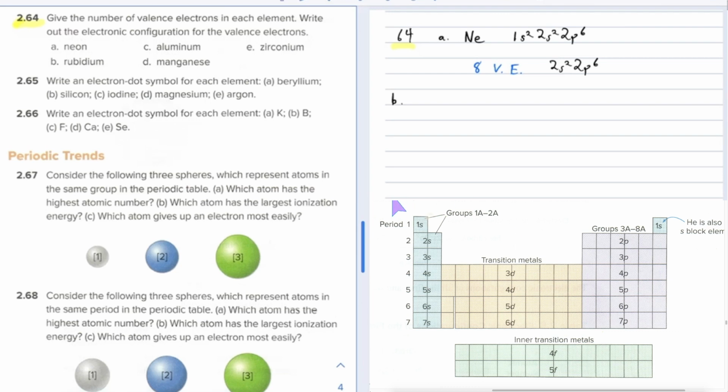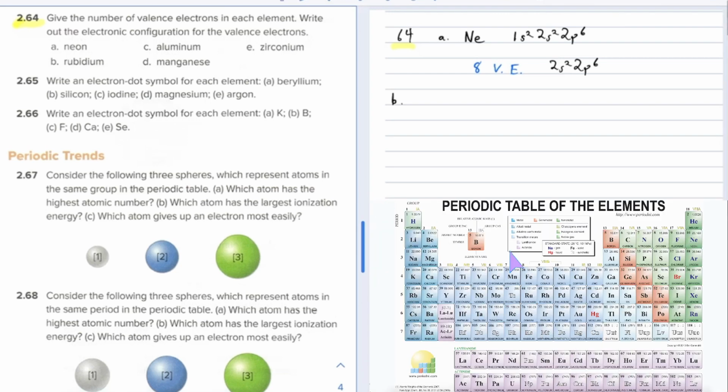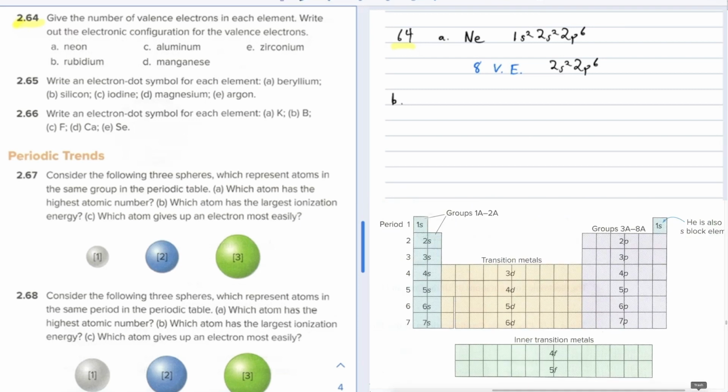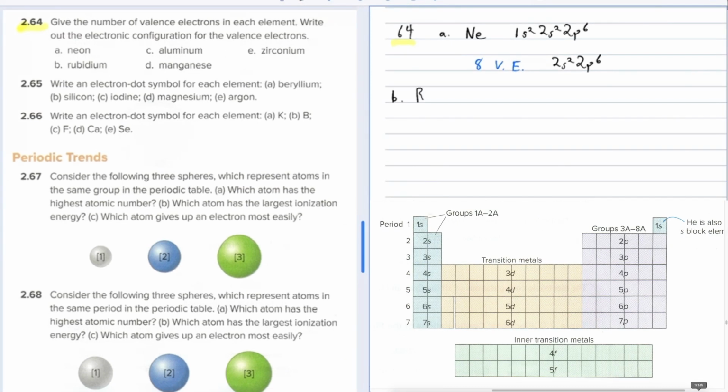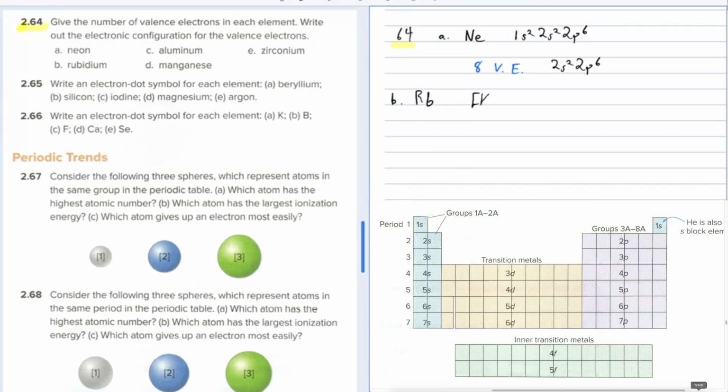And so going back, there it is, that was krypton. So this is for rubidium: krypton, and then continuing on, 5s1. That's pretty easy, isn't it?